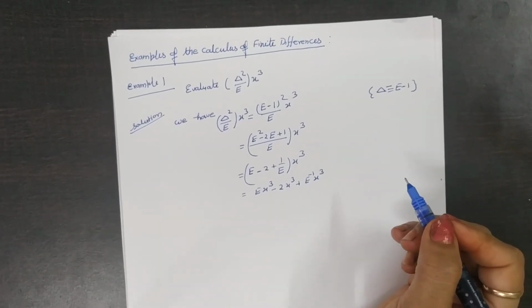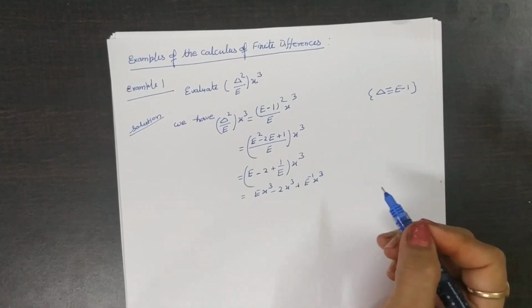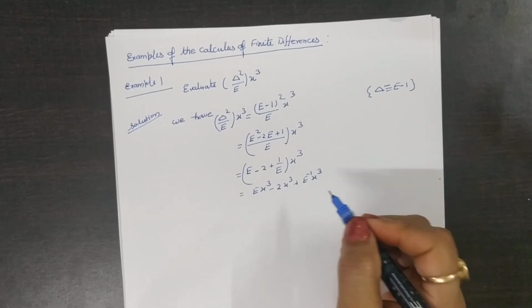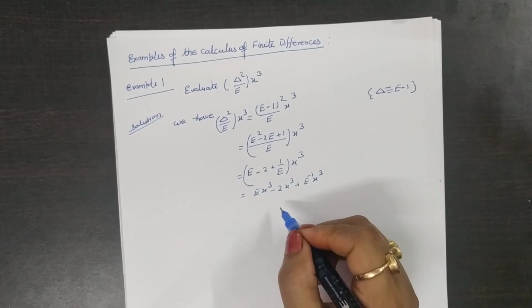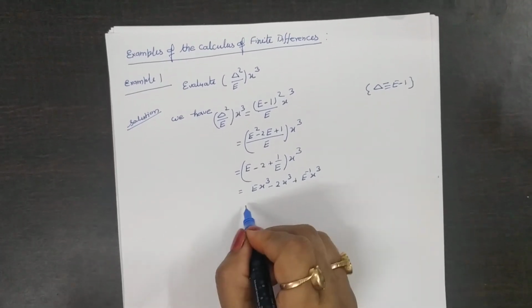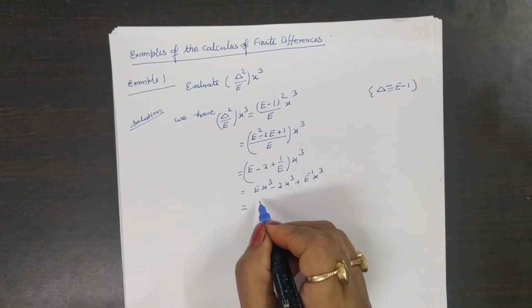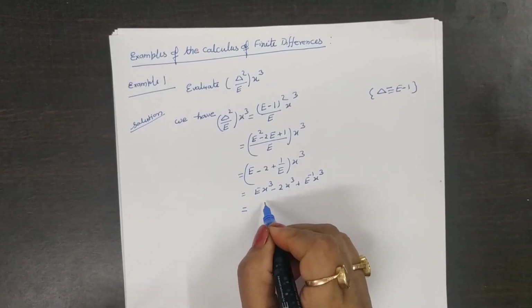And you also know the definition of E, which I defined earlier: E of f(x) is f(x plus h). So this can be written as E of x cube, that is f of x plus h minus f of x.